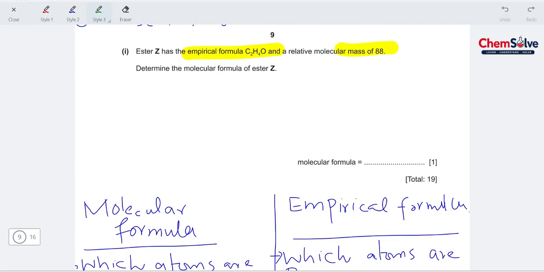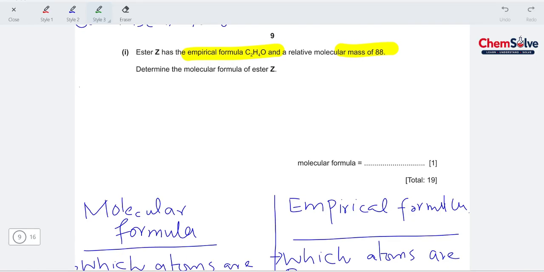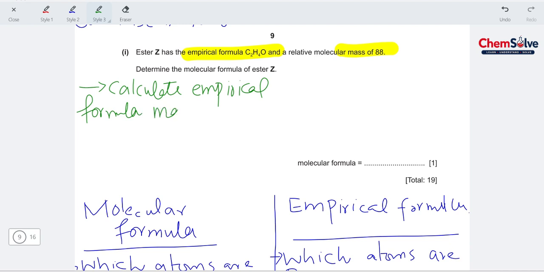The first step would be to calculate the empirical formula mass. Here I have 2 carbon, 4 hydrogen and 1 oxygen.